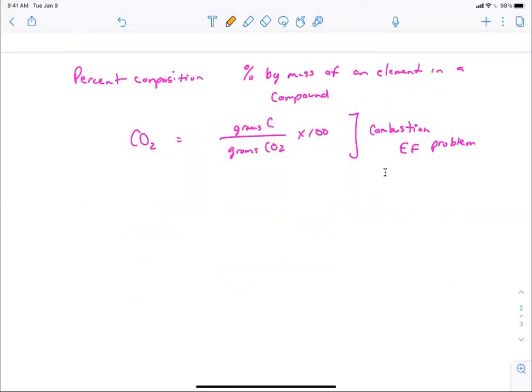But then you also have the empirical formula and the molecular formula. Again, definitions here.